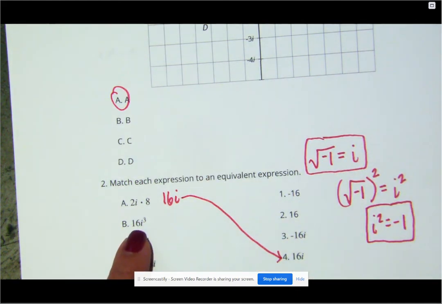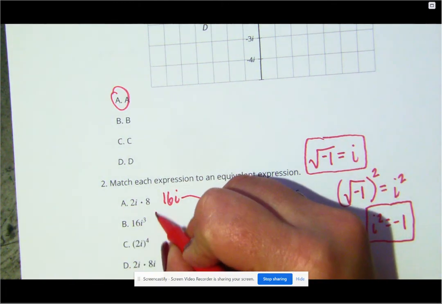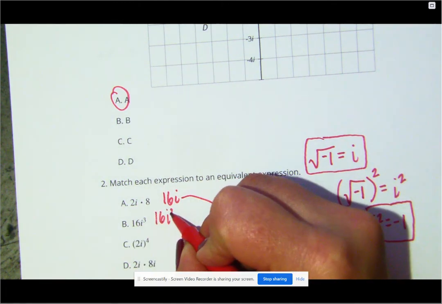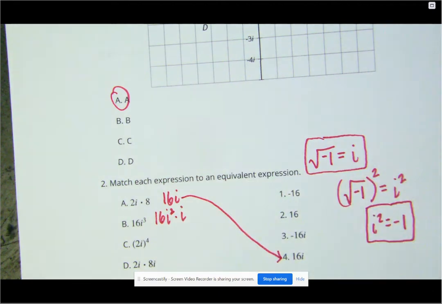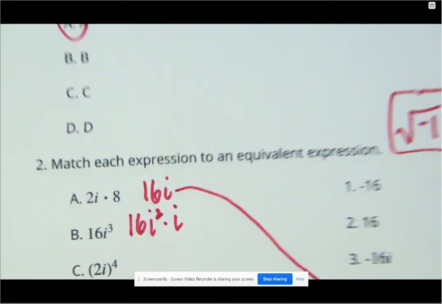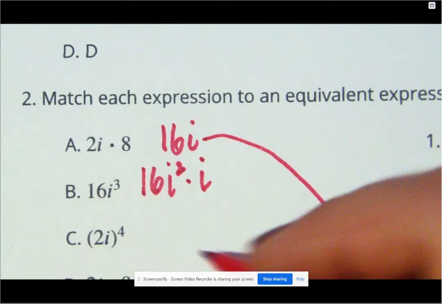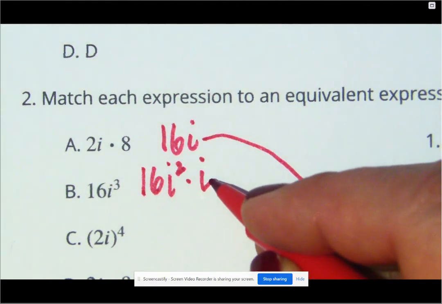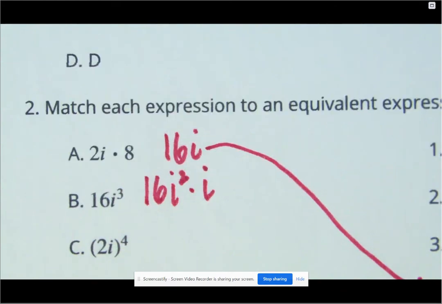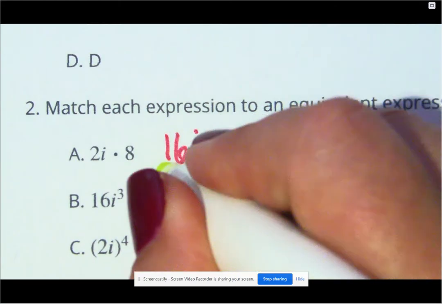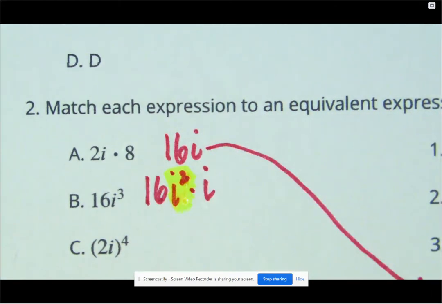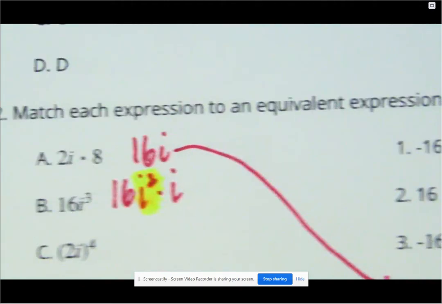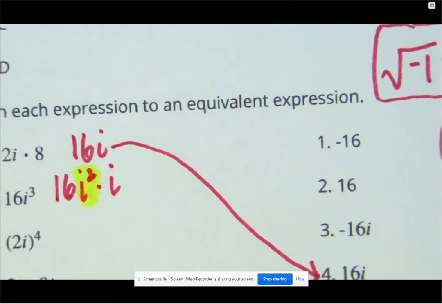16i to the third. Well, if we use our power properties, we're going to break this down a little bit. i to the third is i squared and then one more i. Now, why would I want to say that? Because i squared, and I wrote that over here, is actually equal to -1.